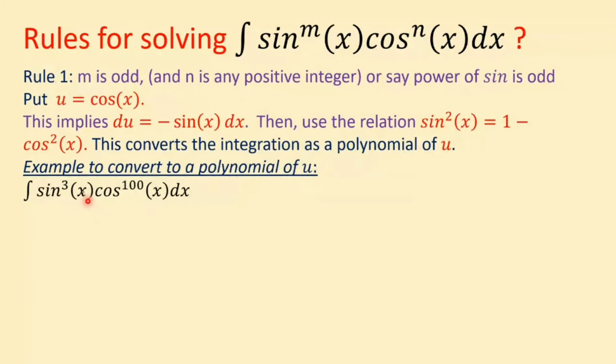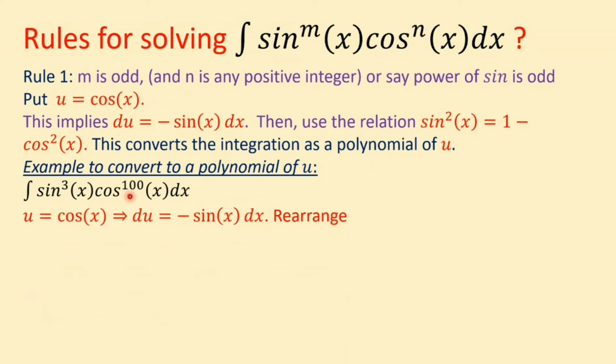Let's do the integration of sine to the power 3x cosine to the power 100x dx. Clearly here the power of sine is 3, which is odd, so we'll substitute u equal to cosine x. Then du will be minus sin x dx.